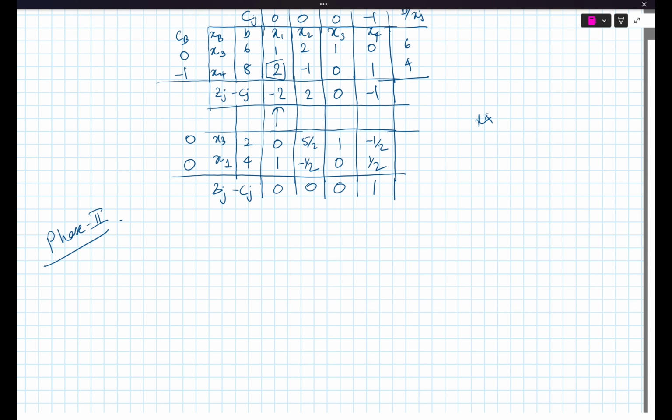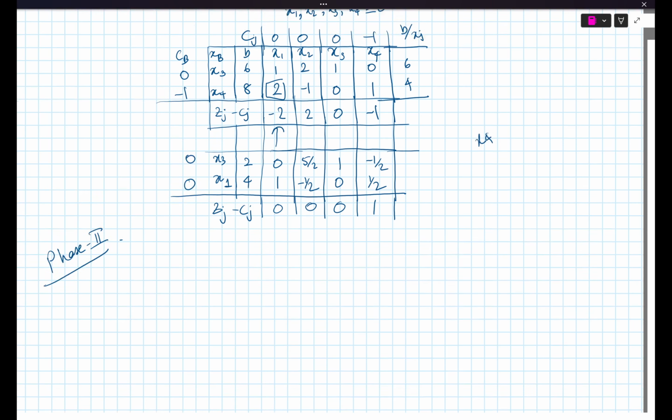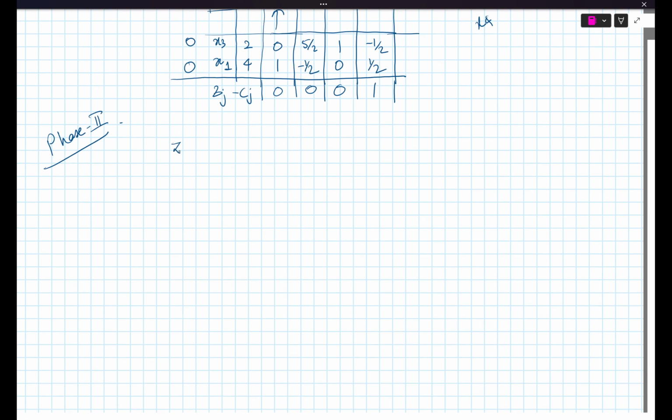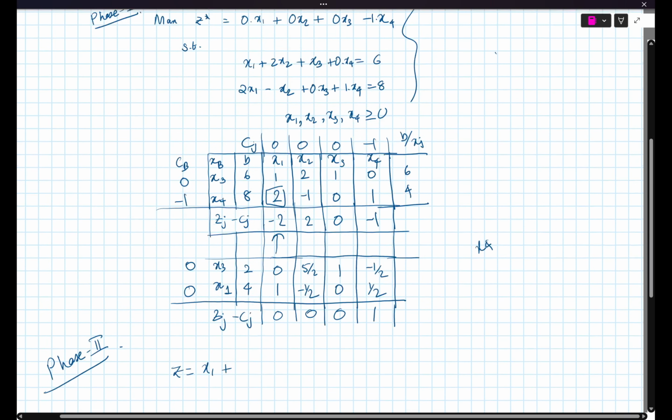So in phase two, what do we do? We retain our original objective, right? Which was z equal to, sorry, z equal to x1 plus 5x2 plus 3x3, right?